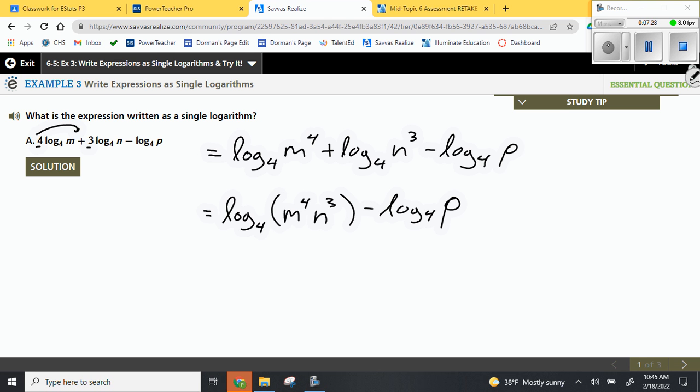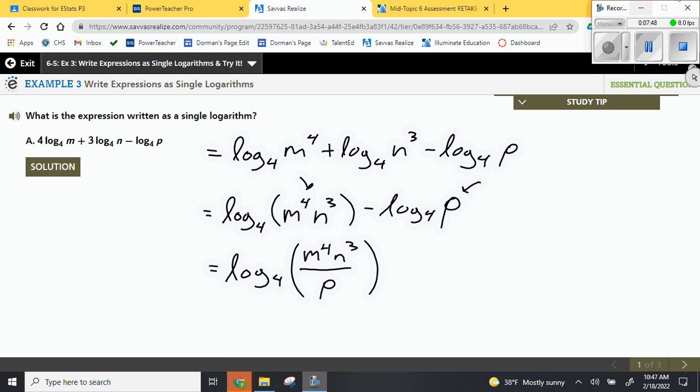And now I'll use the quotient rule. It tells me that I can write this as log base 4 of, right? This guy goes in my numerator, this guy goes in my denominator, m to the fourth n cubed divided by p.